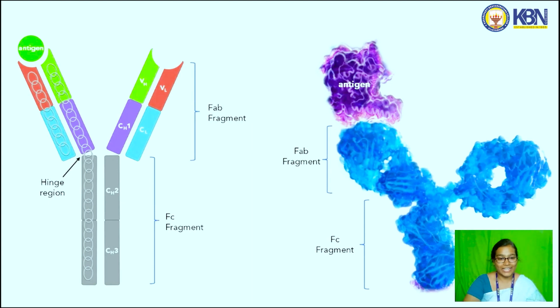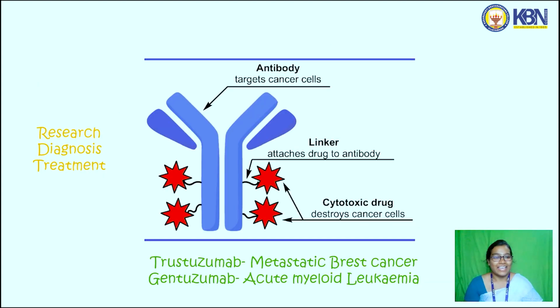These monoclonal antibodies, from their first letters, can also be called MABs. Examples of MABs are trastuzumab and gemtuzumab. The names are very special and unique, following all the procedures of nomenclature.